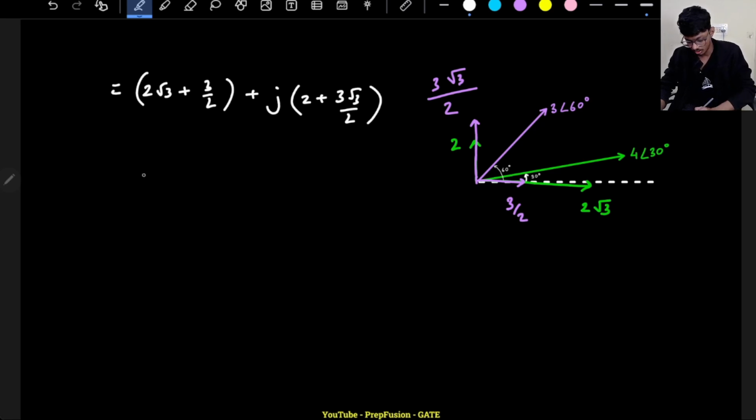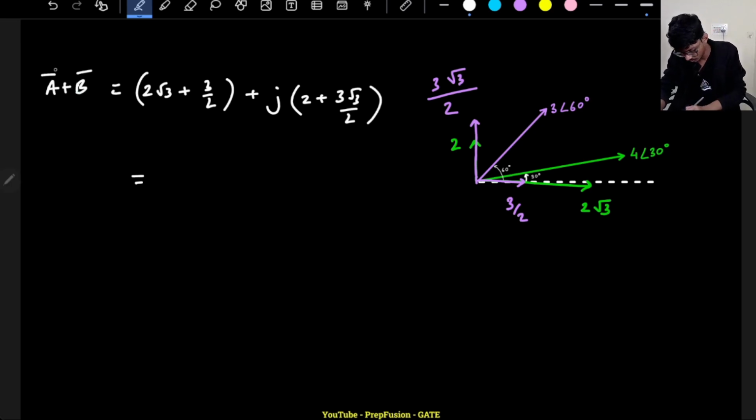Correct. So now ultimately I will directly get the rectangular format because I'm just adding two vectors. I hope you know how to do the addition of two vectors. So the x component will come out to be, this is the a plus b.